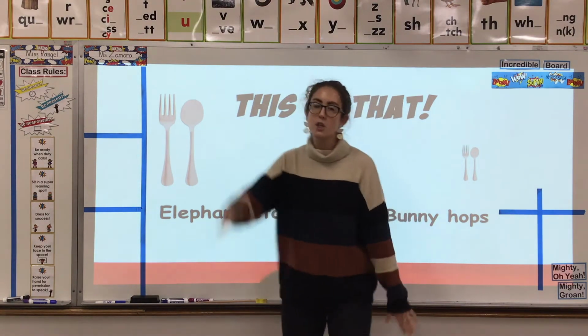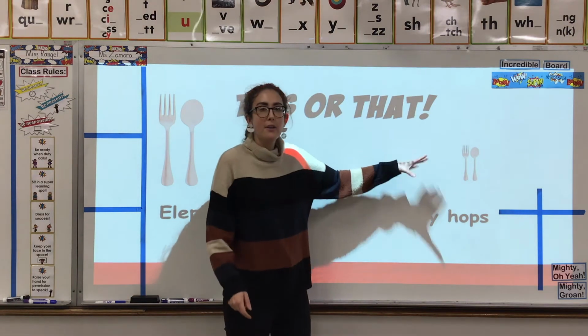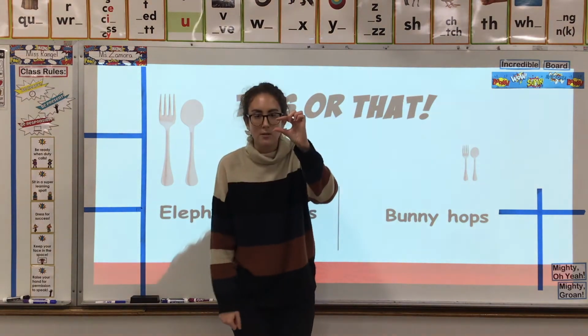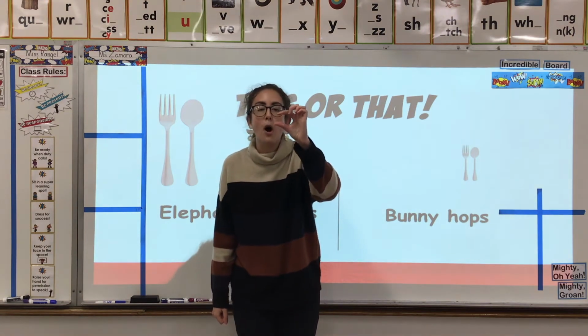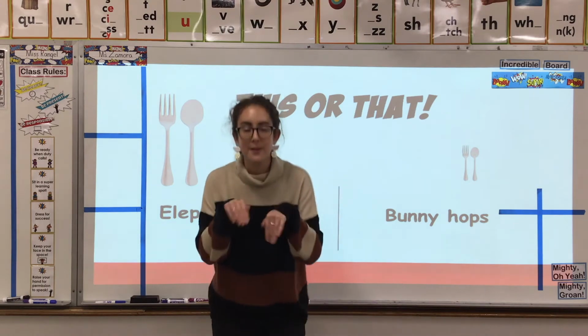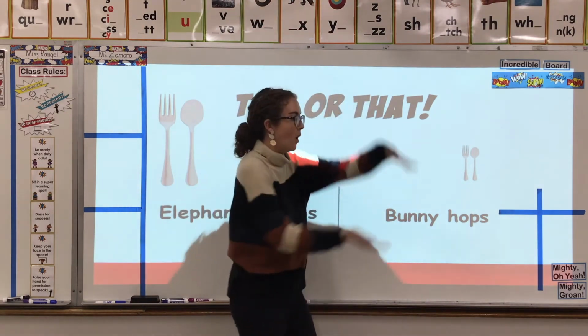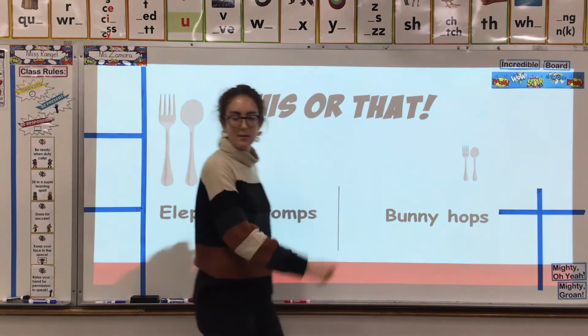If so, you're going to do elephant stomps. Or would you rather use tiny utensils, like really, really small fork or spoon? If so, you're going to do bunny hops. So, would you rather use big utensils or small utensils?